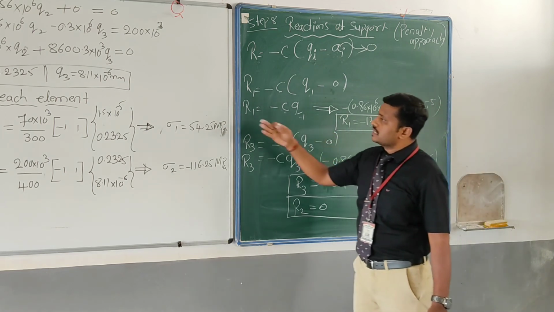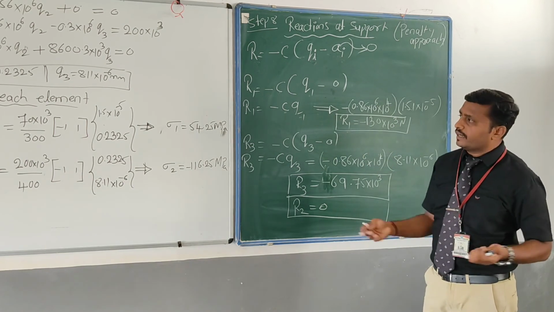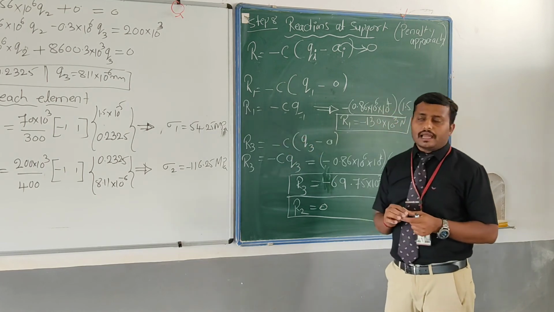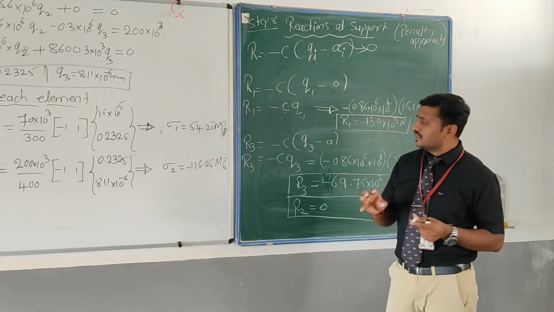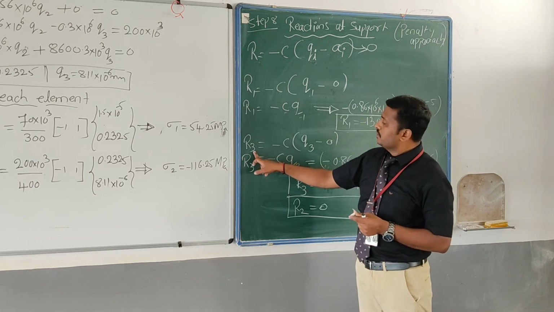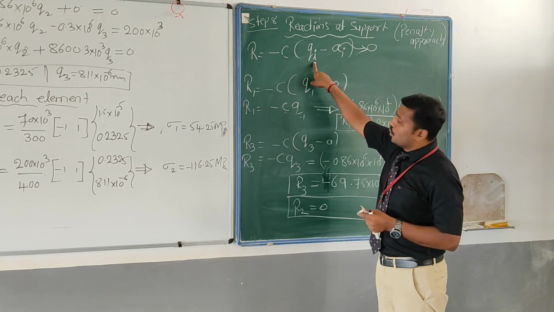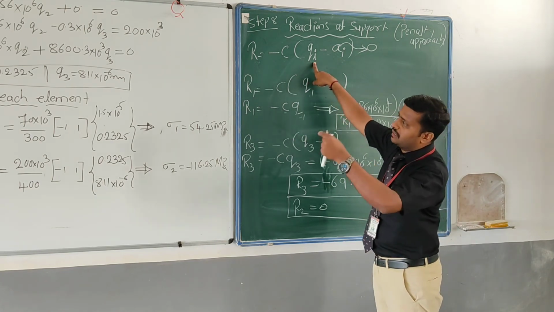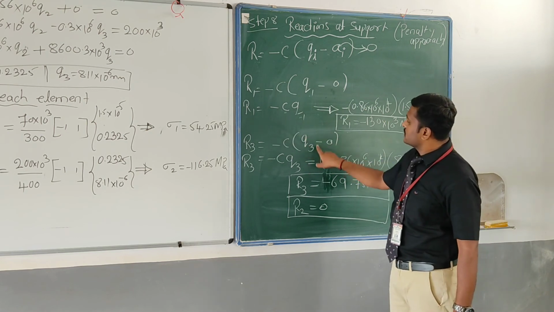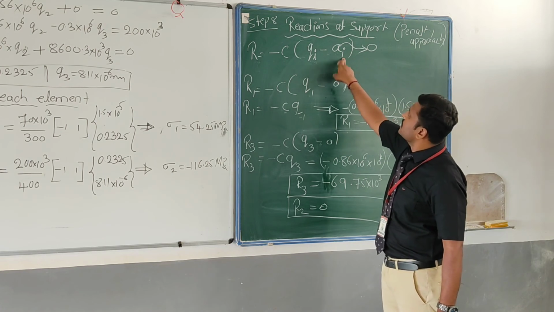Similarly, the reaction at node 2: at node 2 there is no support, so there is no need of finding the reaction at node 2. Leave it and directly take node 3. At node 3 there is a support, it is fixed, so I have to find the reaction at the third node, R3 equal to minus C into Q3, since the displacement at node 3 is Q3, minus A3.